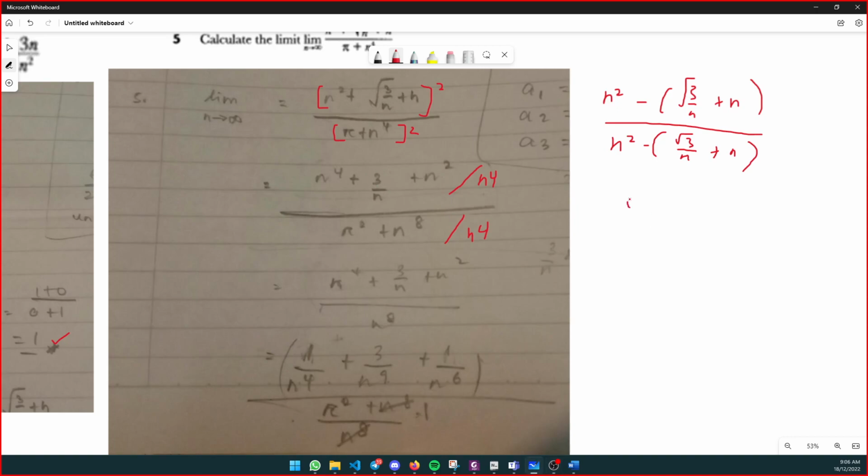This square root of 3 over square root of n. Actually you can remember that the square root of a over b is the same as the square root of a over the square root of b. So when you divide everything by n^4, you can just get this n^4 over n^4. Oh, it's n power 2. Okay, it's n power 2.